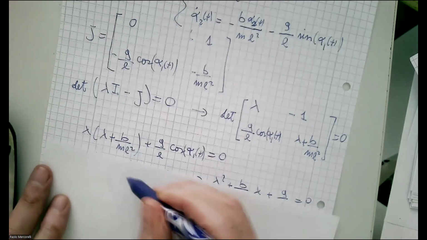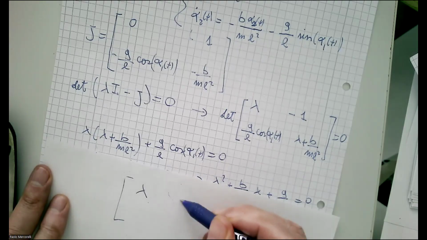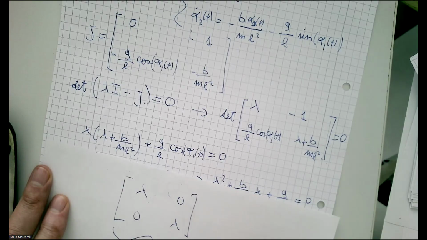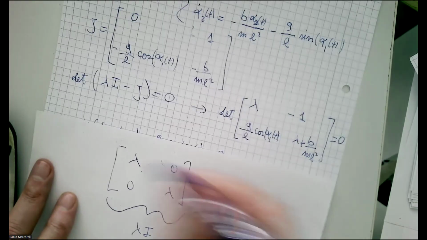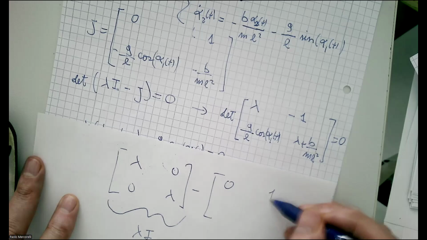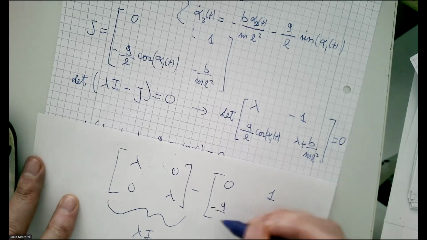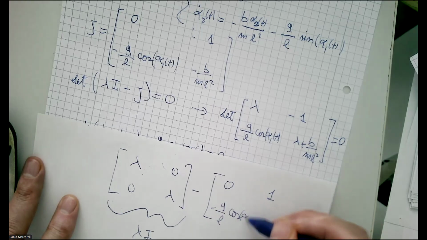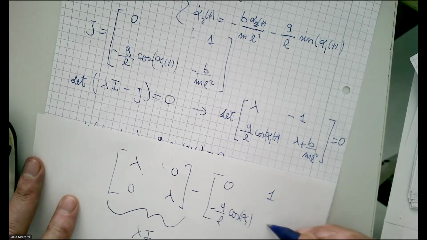If you want, I can write here. This is lambda I. I is a suitable 2 times 2 matrix in order to realize this algebraic condition.